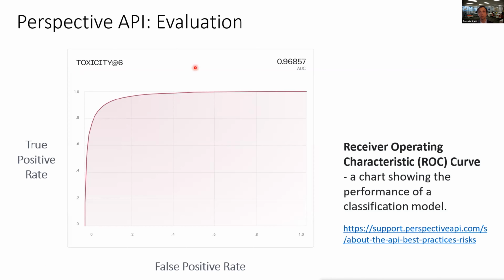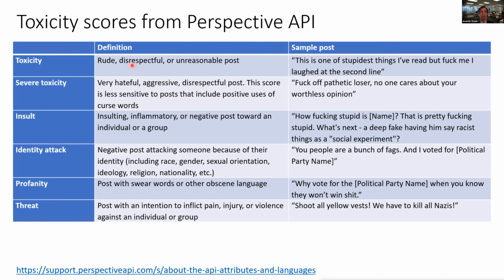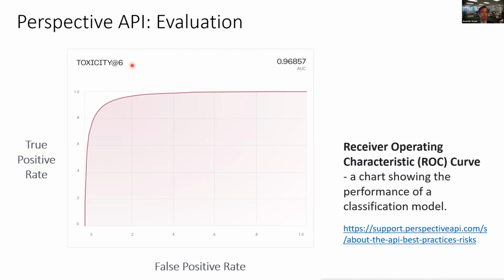And you can always cite the provided evaluation metrics. For other scores, they're not formally published, at least not on their website yet. You still can rely on Prospective API to flag messages that might be insulting or include identity attacks. But I do suggest to manually cross-validate the results, at least based on a sample of your results. All right, so let's look at toxicity score and how it was evaluated.